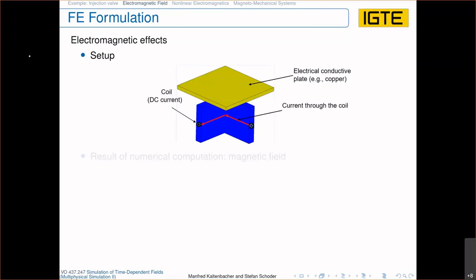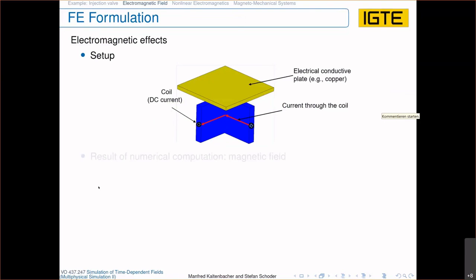Now let's have a simple illustration here. We have such a coil where a current is going in this direction. We exploit a quarter symmetry, and in a first computation, we put a DC current, and on the top we have an electric conductive plate.